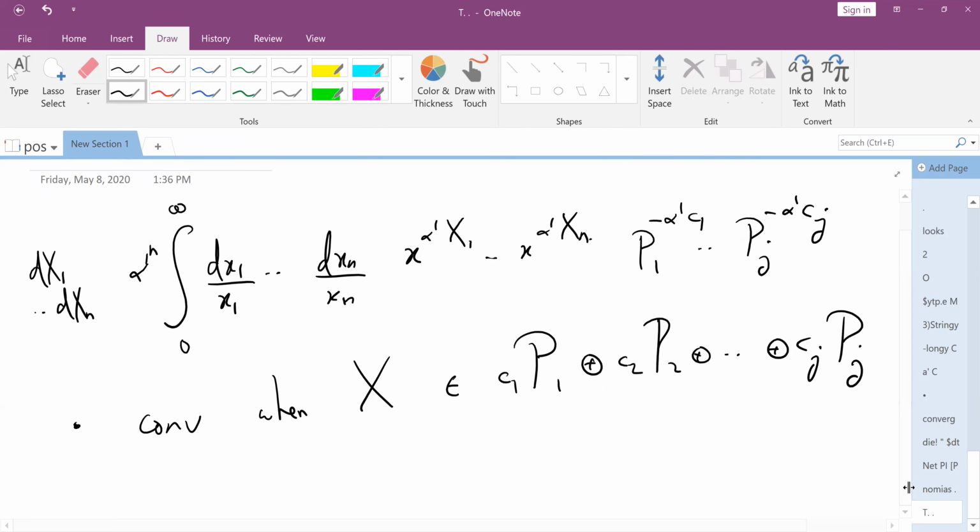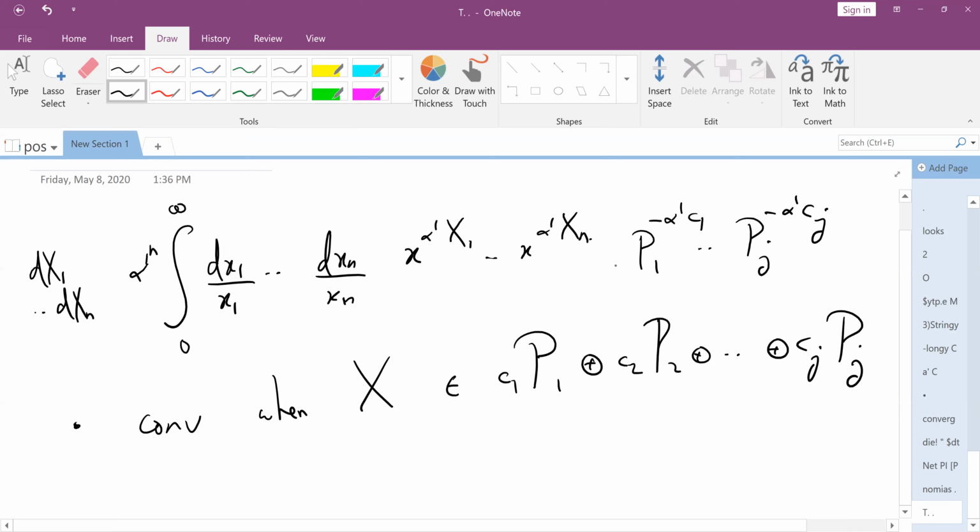The reason that that's obvious is that imagine for a moment that these c's were rational numbers. Then you can think of this big product, P1 through Pj, to the minus alpha prime c1 to cj, as secretly an enormous polynomial to a fractional power. And so we can just go back to our previous analysis, where what we have is the Newton polytope of that giant product of polynomials to powers.